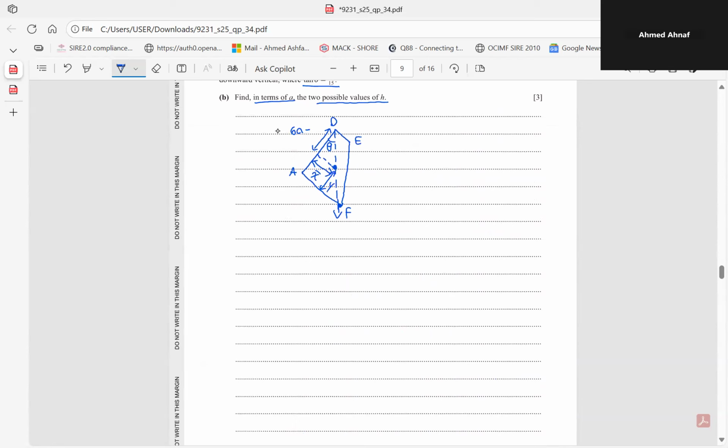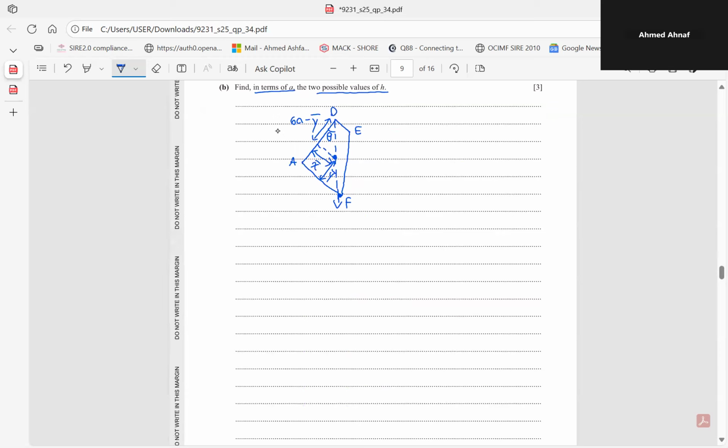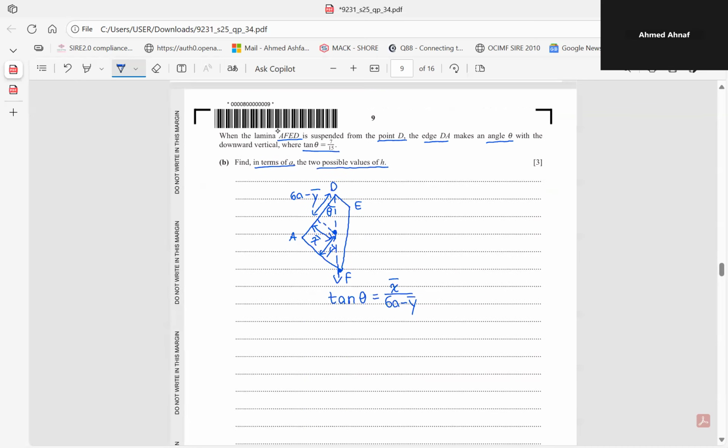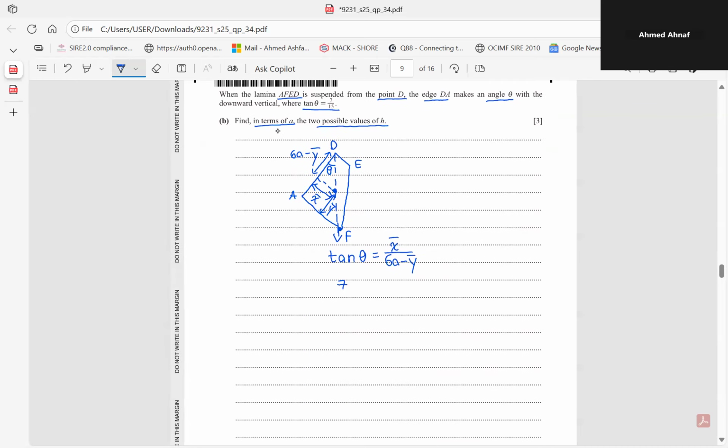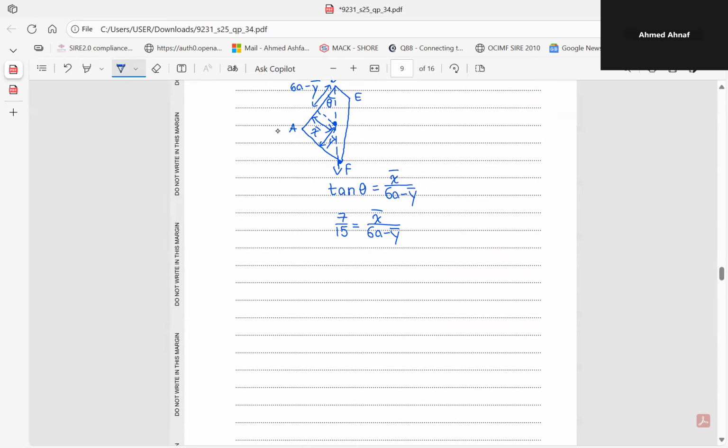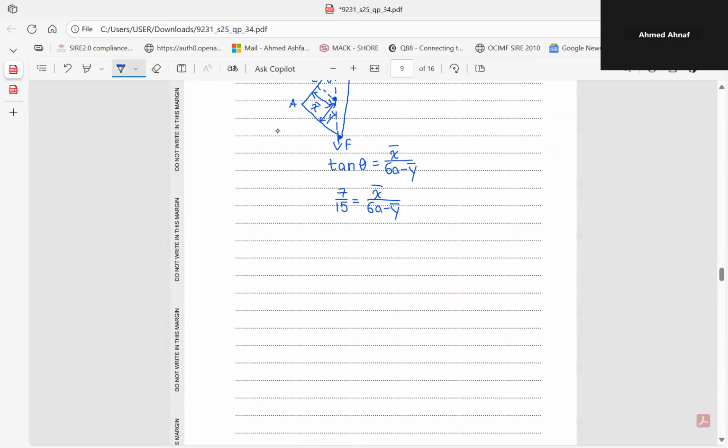So this is y bar. So 6a minus y bar. So our tangent theta equals the opposite, x bar, over the adjacent, 6a minus y bar. So 7 over 15. I'm just going to first do it in terms of x bar and y bar. So let's cross multiply. 7 times 6a minus y bar, you get 42a minus 7y bar equals 15x bar.